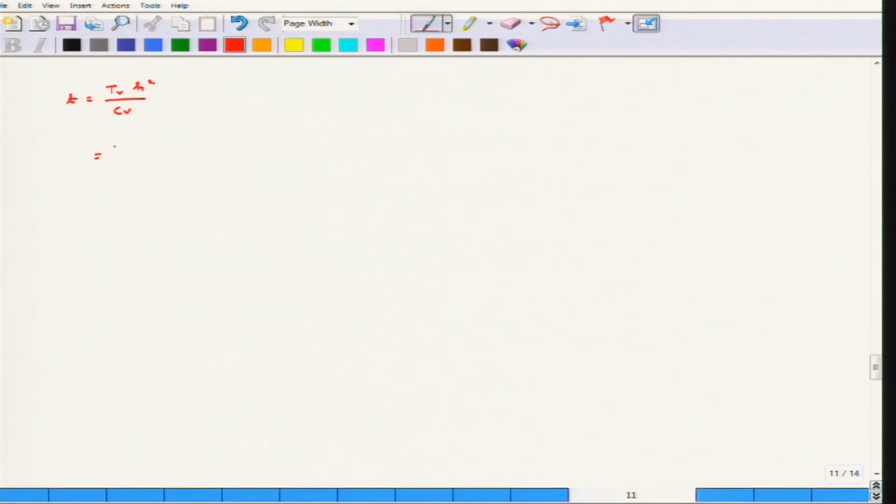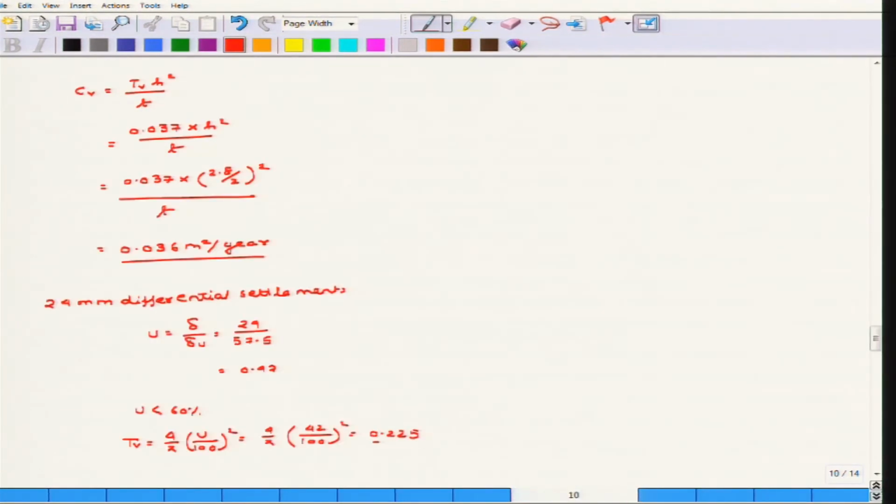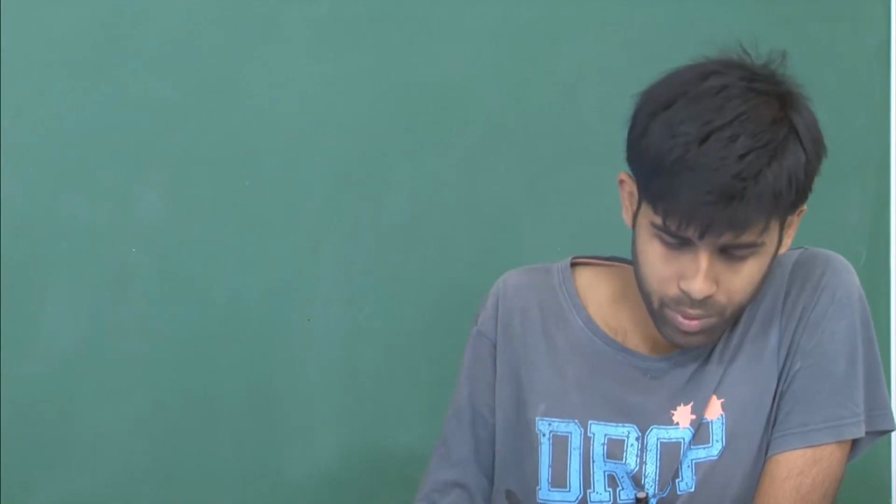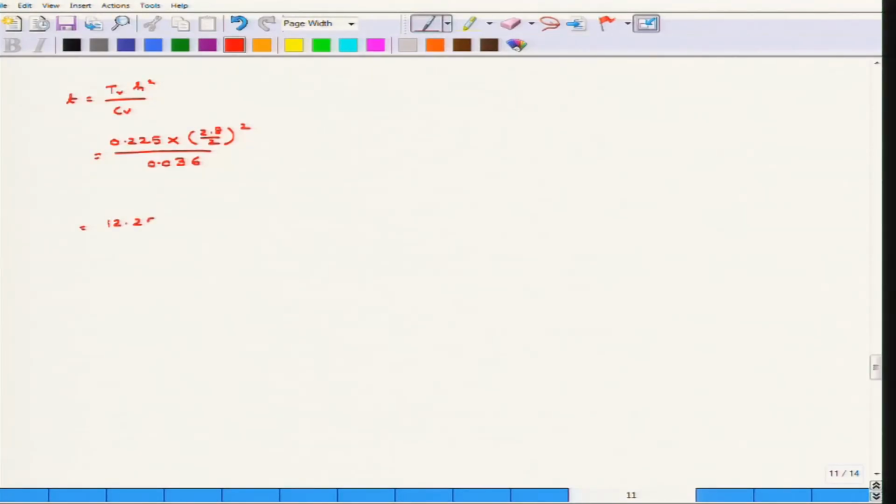So Cv, as I found out, is 0.036 meter square per year, Tv is obviously 0.225, and H is again 2.8 by 2, because all the calculations are due to that extra 2.8 meter layer below footing B, as that is the only layer causing the differential settlement. So 12.25 years. For 12.25 years your building is within the permissible differential settlement limit, but after 12.25 years your building will not be within the permissible limit.